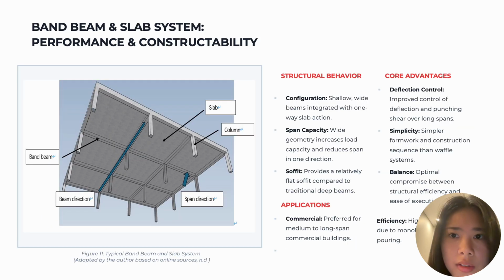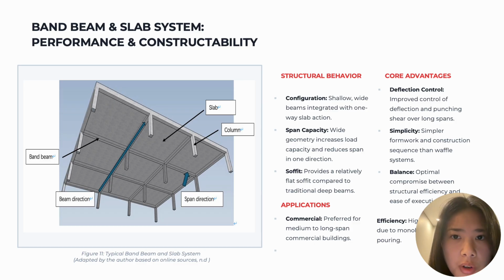This slide shows the band beam and slab systems. The band beam is a wide and shallow beam integrated with the slab. As shown here, the slab spans in one direction while the band beam distributes loads across the structure. Compared to traditional beams, the soffit is relatively flat.